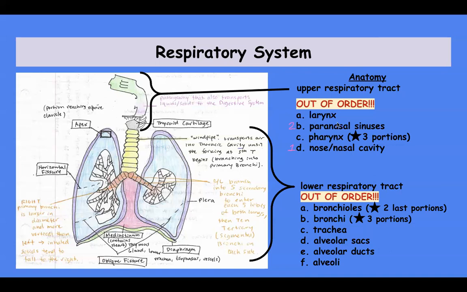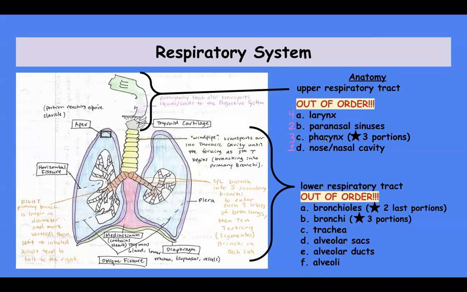And then I'm also seeing in the chat that after air flows through the nasal cavity and the paranasal sinuses, it's going to hit the pharynx.